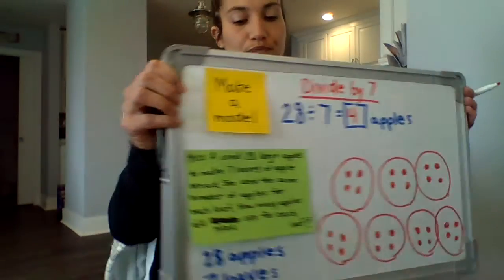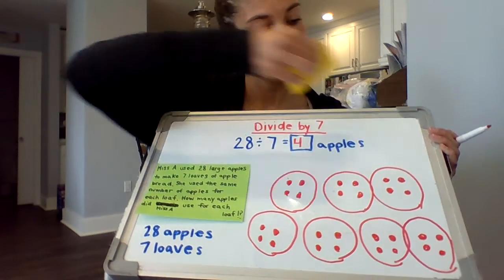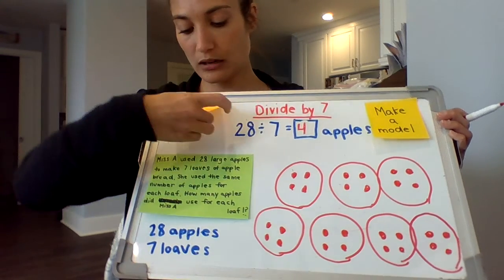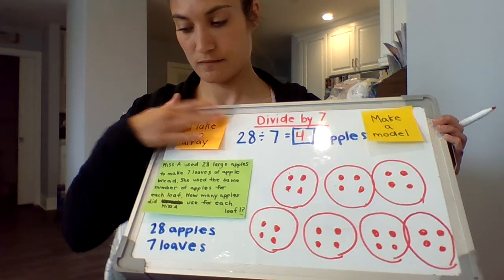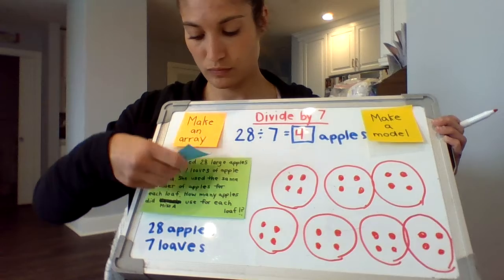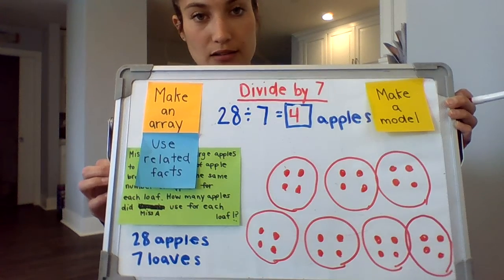So to review, when we divide by 7, we can make a model, which we just did. We can also make an array or use our related facts.